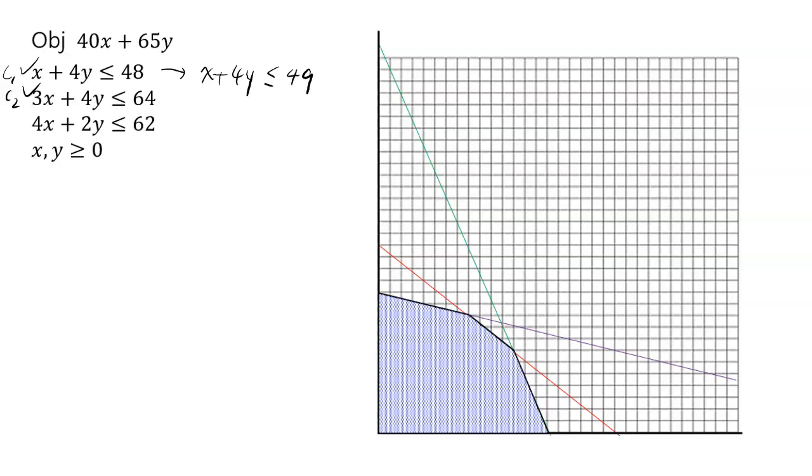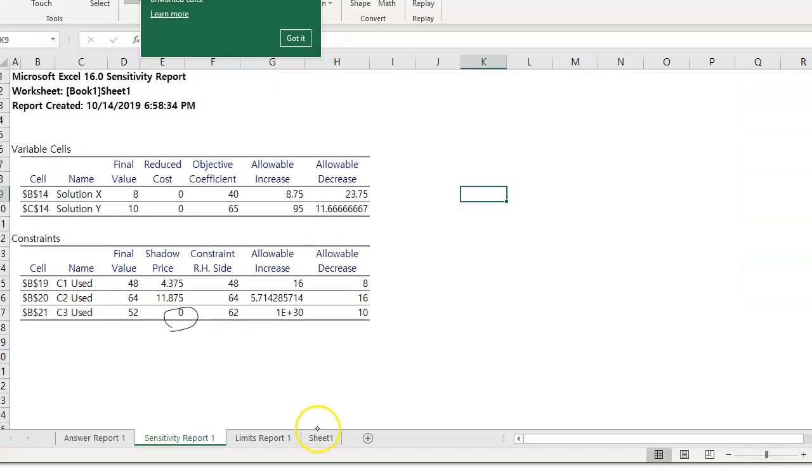The other ones are kept the same. And if you look at the sensitivity report, it has this allowable increase and allowable decrease. The meaning of this is that if you increase this 48 by up to 16, this C1 continues to be a binding constraint.